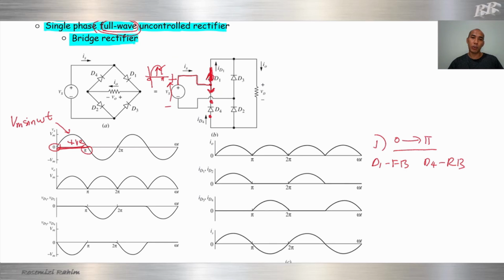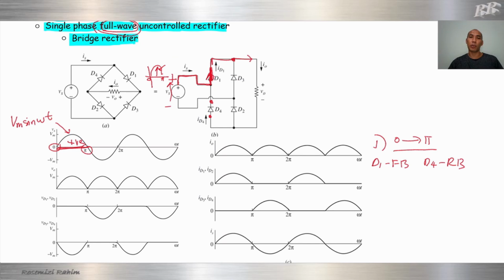There is no current here, so all the current will flow through D1 until this point, and then the current will go here and go down. Again, the arrow of D3 and the arrow of the current are opposite, which means D3 will be reverse biased.